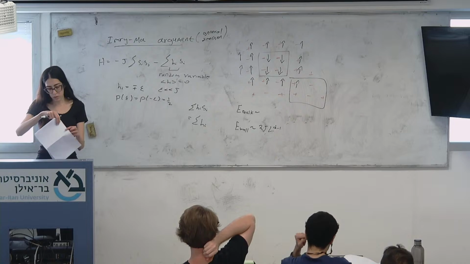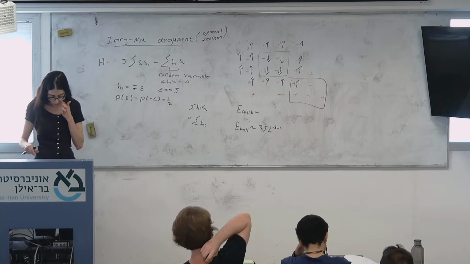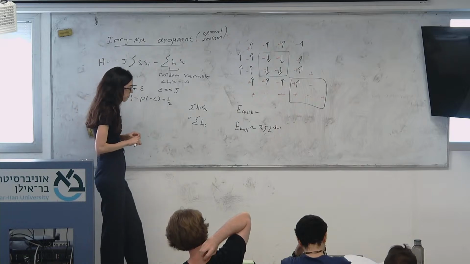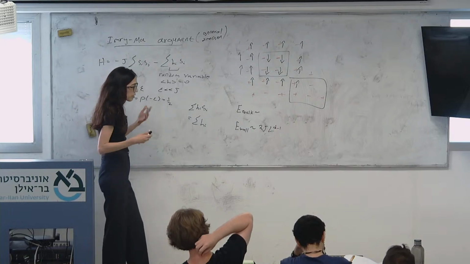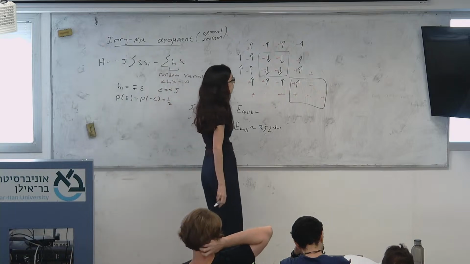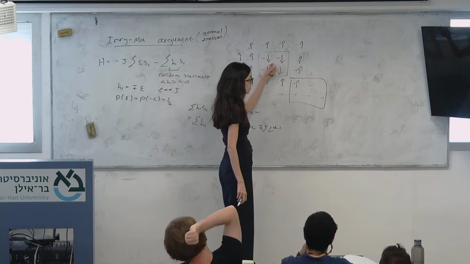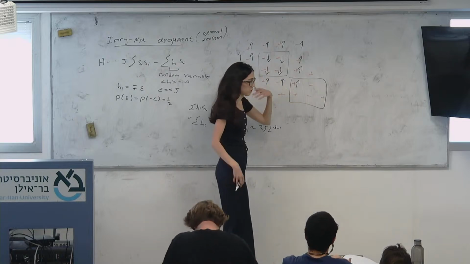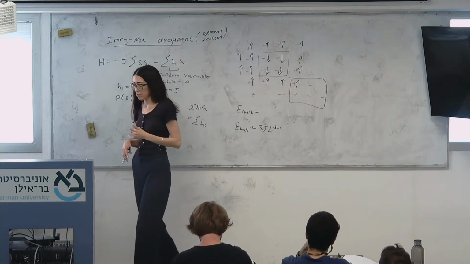I don't know if normal is the right word, but let's call it normal. So we compare the case where all of the magnetic fields have minus signs to the case where some have plus and some have minus.